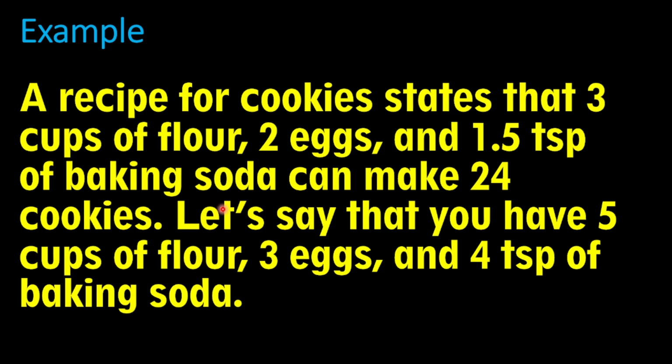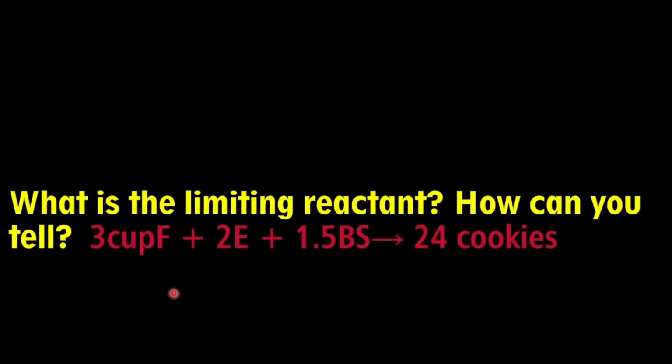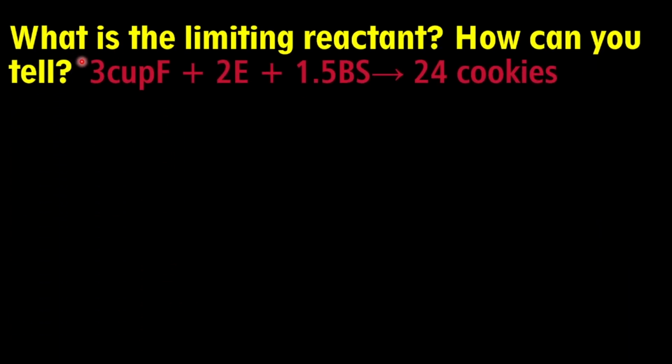So let's look at what we have here. Please take note of this. We have 5 cups of flour. We are going to use that when we start the mole ratio. 3 eggs, then 4 tablespoons of baking soda. So let's see how we can write this equation. The question is saying, what is the limiting reactant?